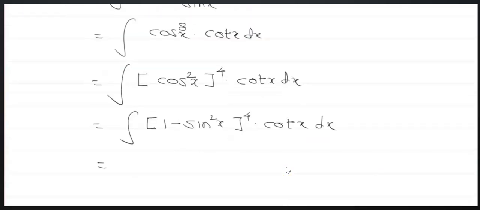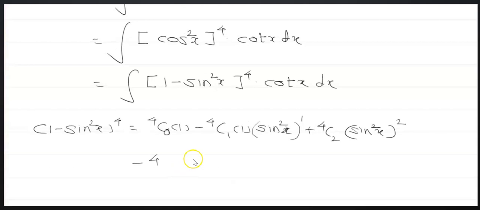Next is expand this. 1 minus sin square x bracket raised to 4, by using the binomial theorem, that is 4C0 1 raised to 4.